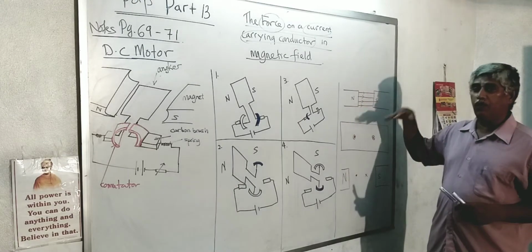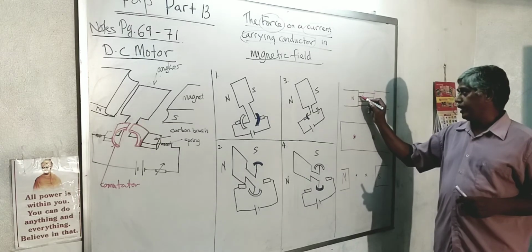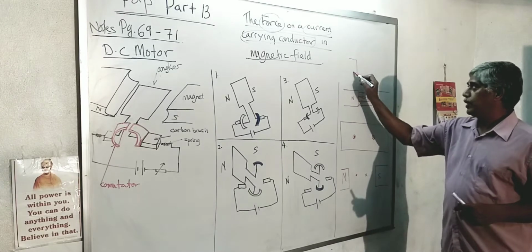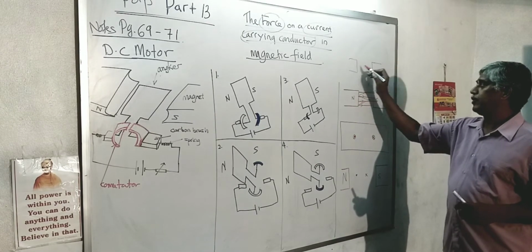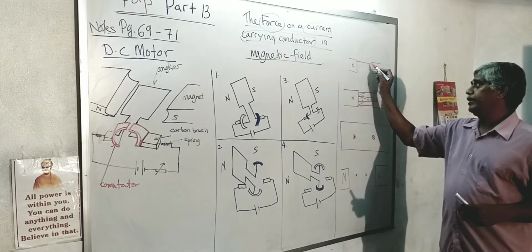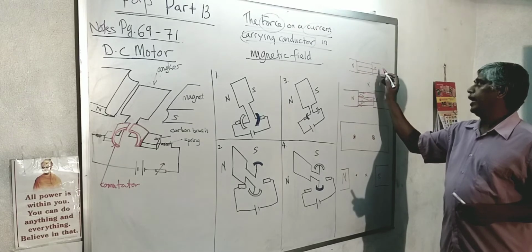So minimum 3 or more, and make sure the lines are distinguished, cannot overlap, cannot simply draw like this. This is wrong. The lines must be individual, because magnetic field is a vector quantity, so you have to draw individual lines, starting from the north and ending at the south.